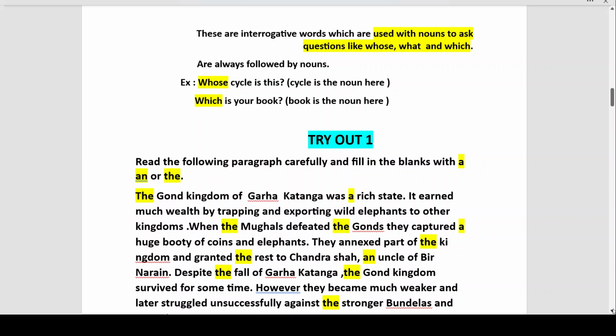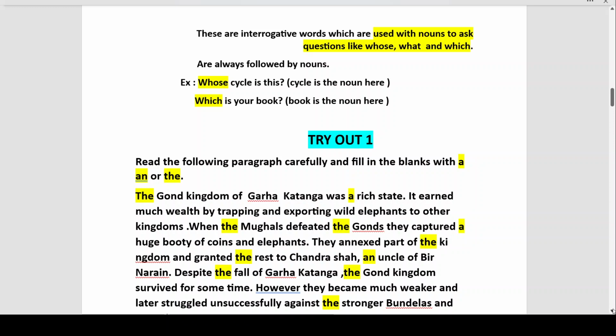Identify the noun in whose cycle is this? The noun is cycle. So, the interrogative word which is used as the determiner here is whose, and as I told you, determiners are always before the noun. So here also the interrogative word whose, which is used as a determiner, is placed before the noun cycle.